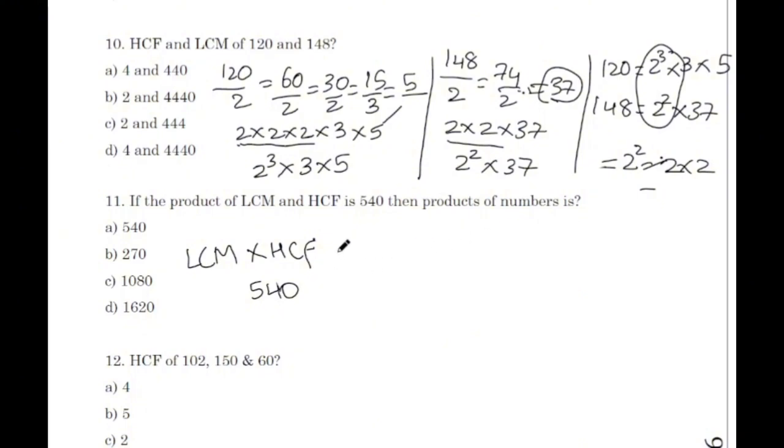LCM times HCF is equal to the product of the numbers, which is nothing but 540. So the answer is 540 only.